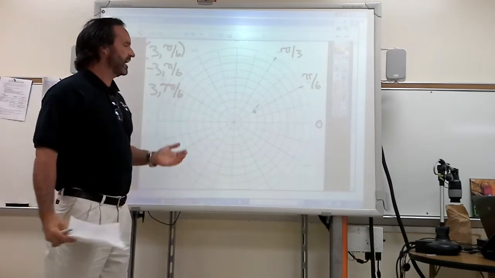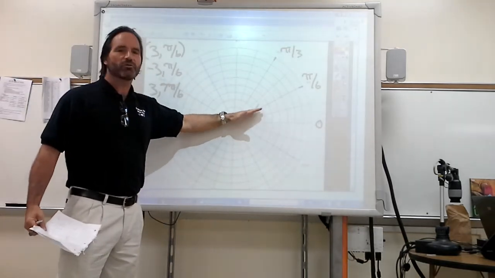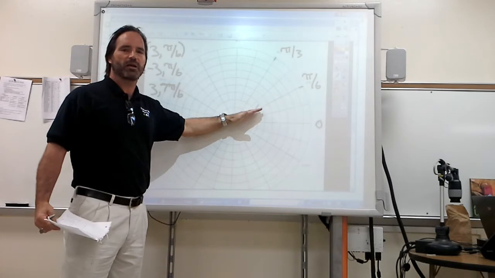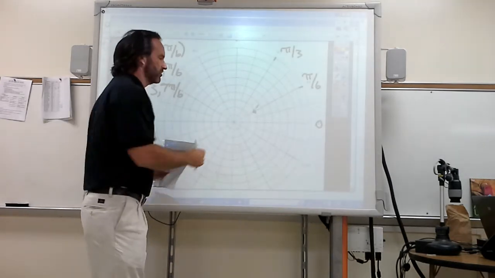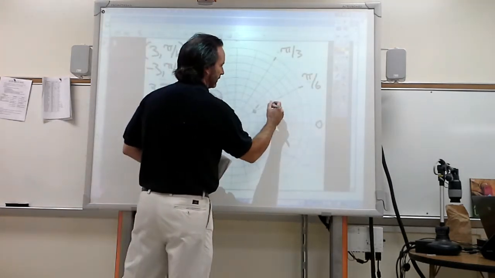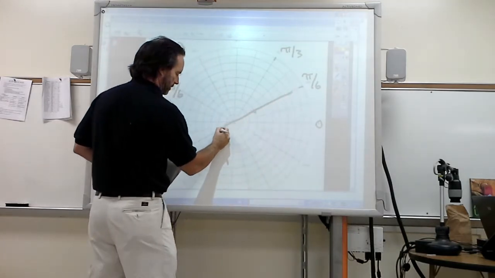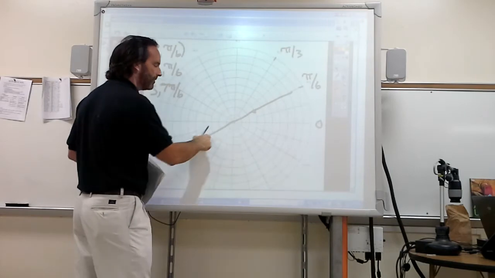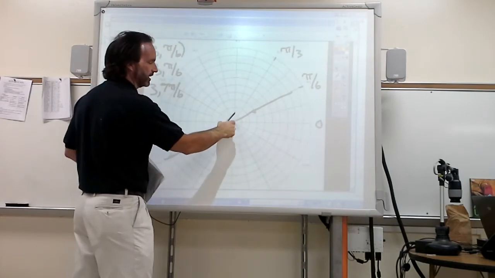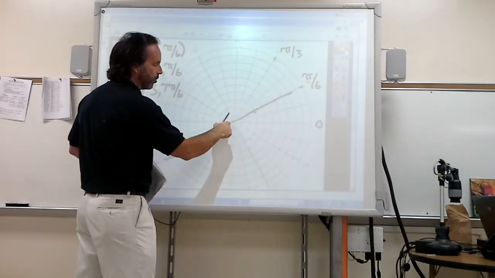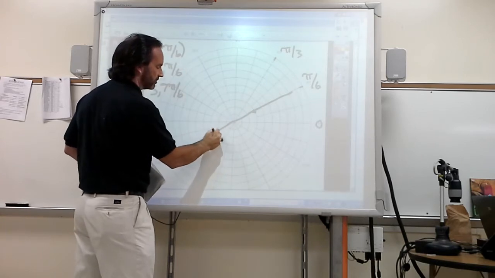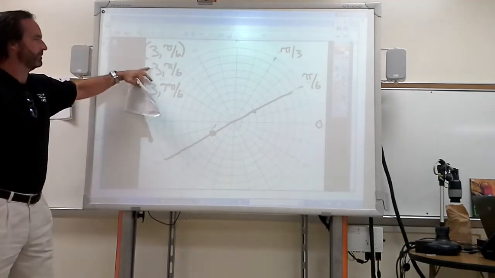When your r is negative, you locate your angle theta, pi over 6, but then you go in the opposite direction. So here's the pi over 6 line, and I'm going to go 1, 2, 3 in the opposite direction. So there's negative 3 comma pi over 6.